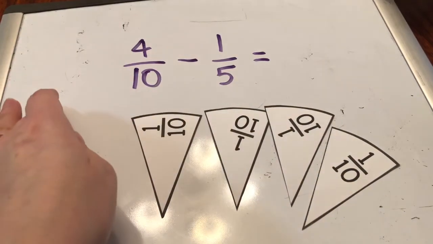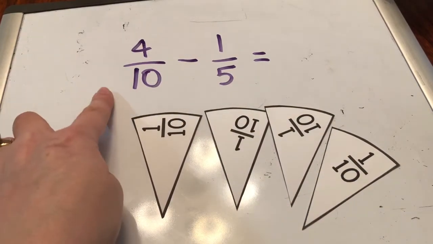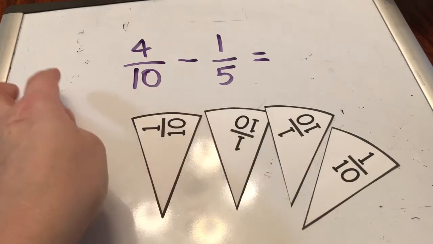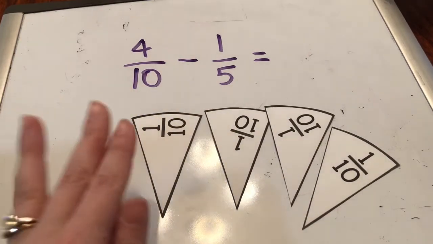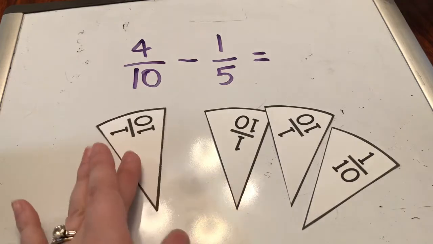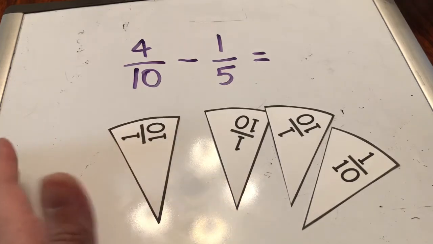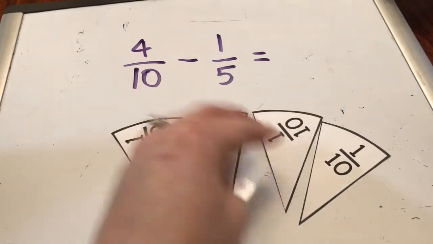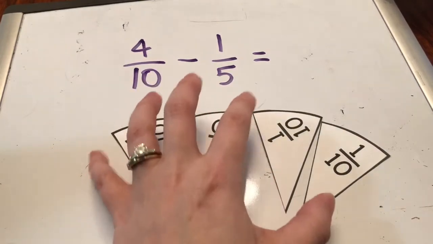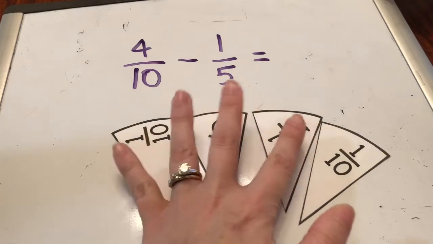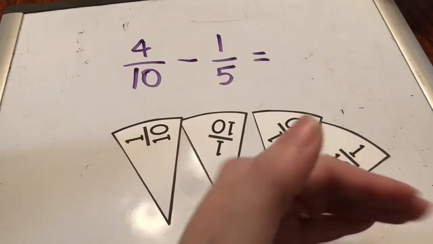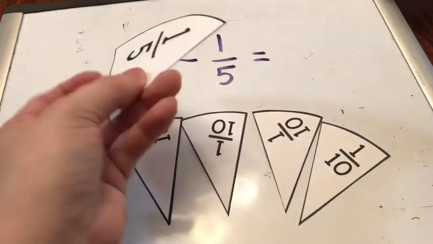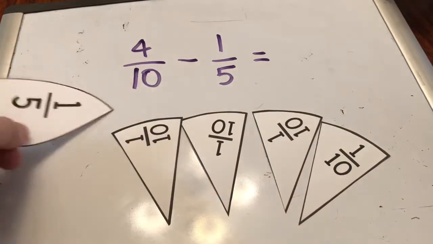The important thing to know about subtracting with fractions with different denominators is that just like we saw when we were subtracting with the same denominator, we're not putting anything else out here because this is what we're taking from. We're just going to be taking away part of it. So I'm not going to bring my 5th out here to use for this problem.